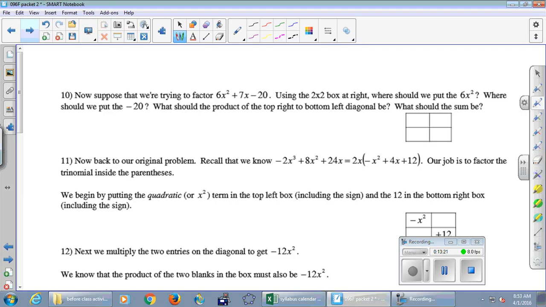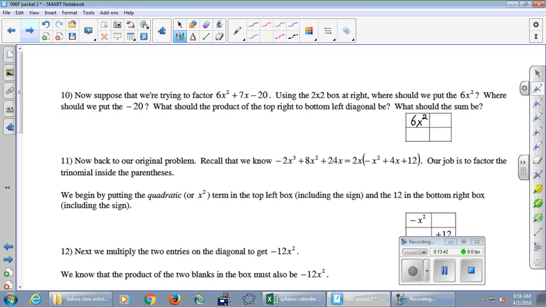It says, now suppose we're trying to factor 6x squared plus 7x minus 20. Using the 2 by 2 box at right, where should we put the 6x squared? In which of those 4 rectangles? Top left.